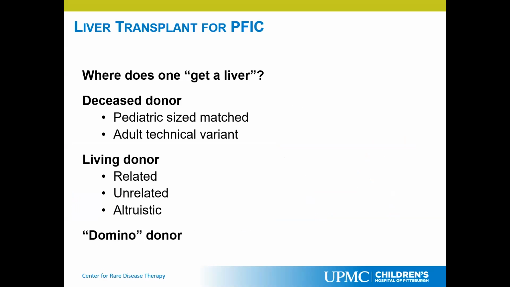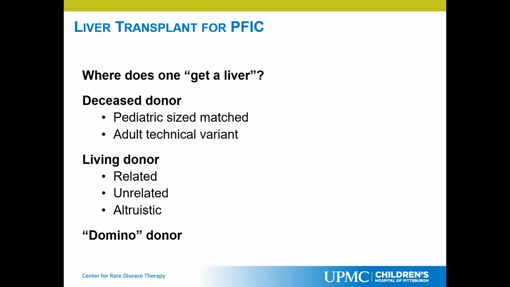There's two sources really. One of them is deceased donors, and so these are patients that are brain dead, from head trauma or from a stroke, or any variety of reasons.